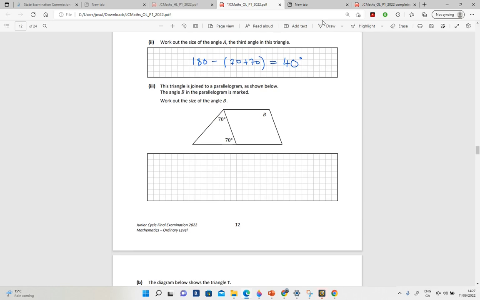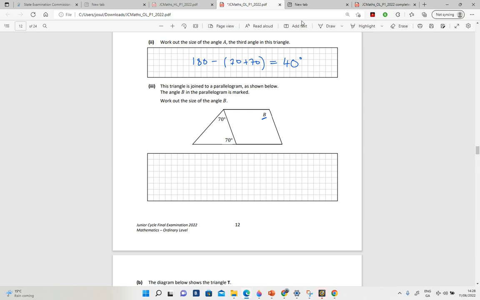Right, now the next part. The triangle is joined to a parallelogram as shown below. The angle B, which is here, is marked. Work out the size of this angle. What you'll notice here is this line, which is right up against the triangle, and this line, because it's a parallelogram, are identical in terms of their slant or their angles.